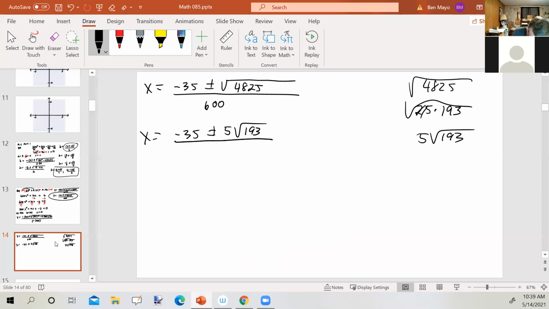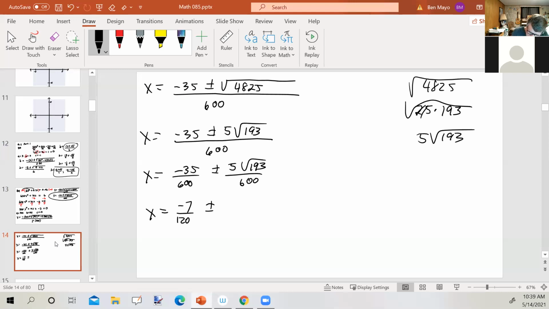Well, now I'm going to split this up into -35 over 600, and then plus or minus 5 square roots of 193 over 600. I can take -35 over 600 and take out a 5 and get -7 over 120. Okay.